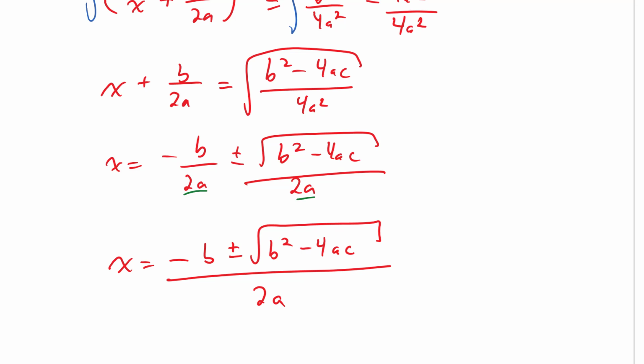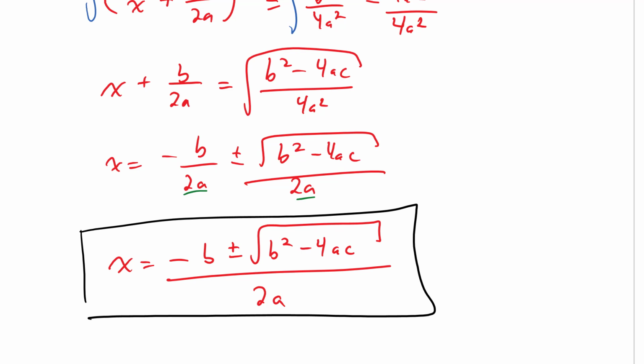Now I ask you, does that look familiar? It should. This is your quadratic formula. So I'm sure you've seen this before, but I wanted to show you where it came from.